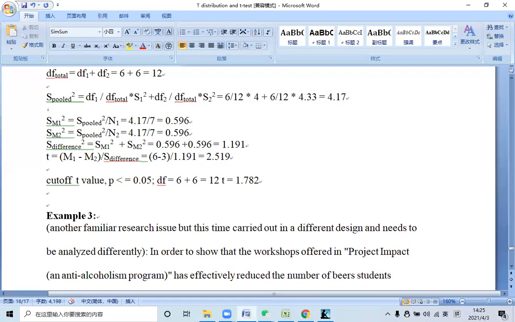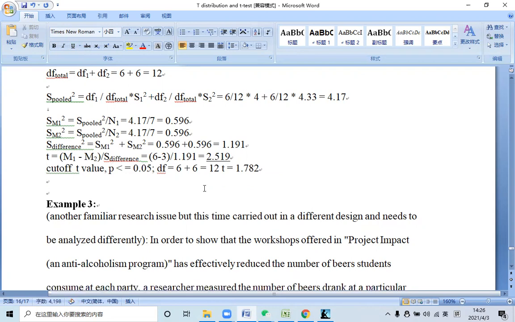In other words, you are looking for a t-value larger than 1.782 to reject the null hypothesis. You compare your t-value with the cutoff. Your t-value is 2.519. That is more extreme than the cutoff, so in this case, you reject the null hypothesis.